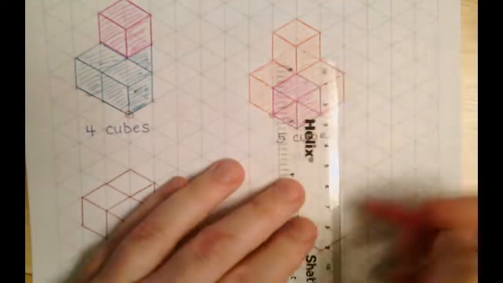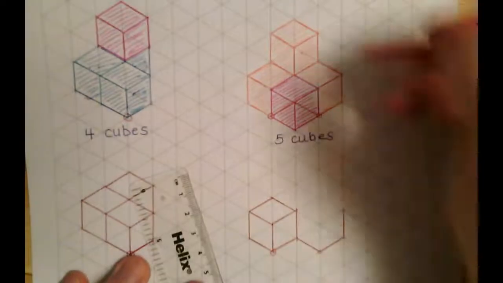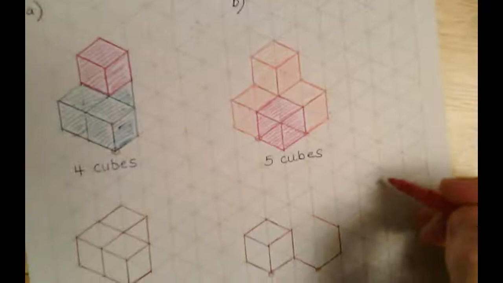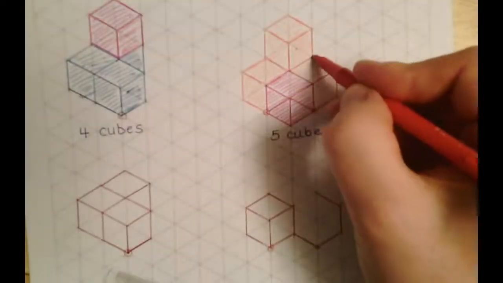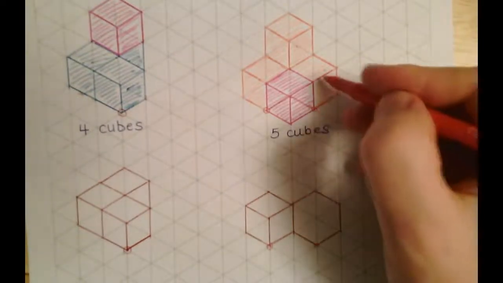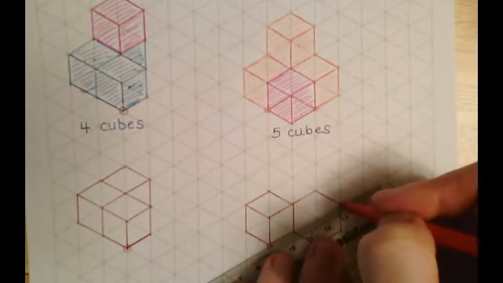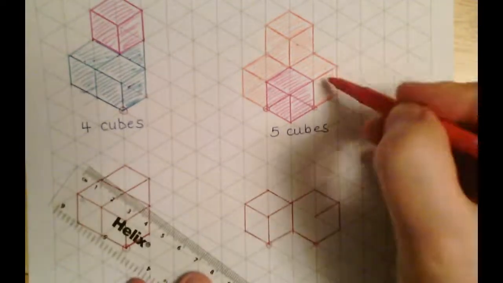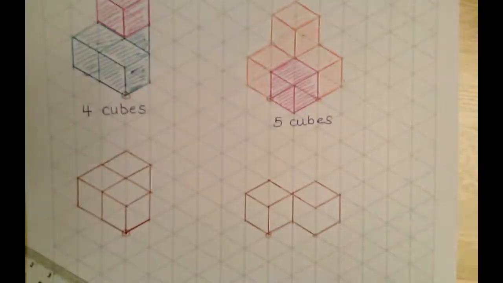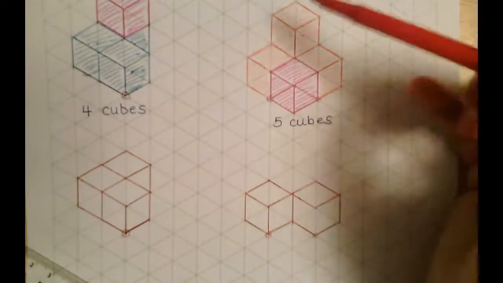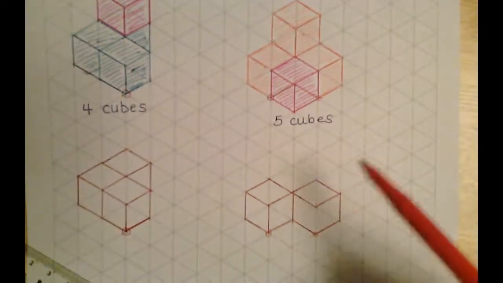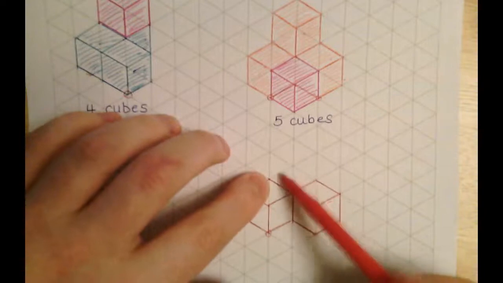This part is there. This part is there. This part is there. This bit, let's actually make it look like a cube there, and then this part. And finally, I need to put this cube on top. Now again, there must be a cube that fills this part in.